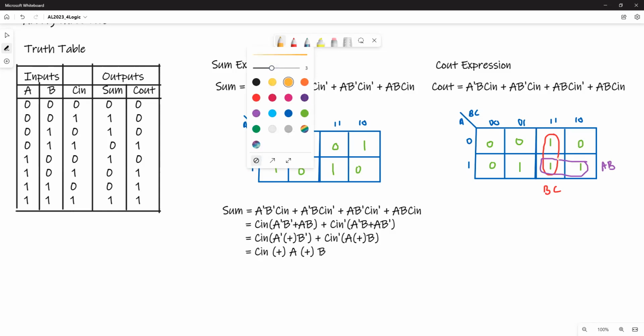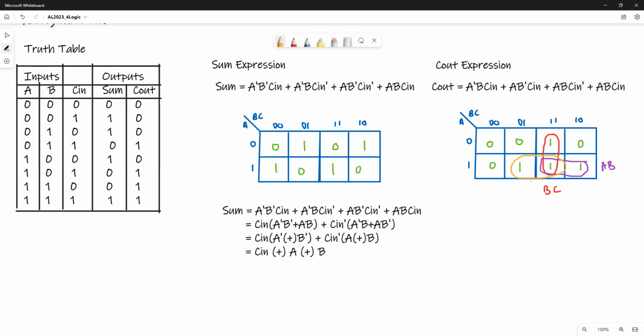I'm going to combine these two together. And this is AC. Right. For the simplification, now we can say it's AB plus BC plus AC, right? Okay, right, that's the answer.